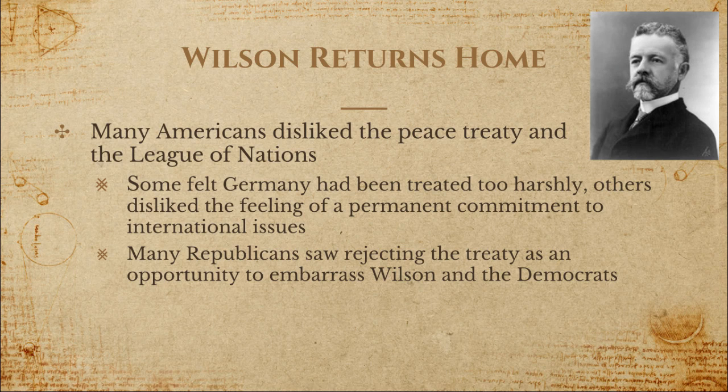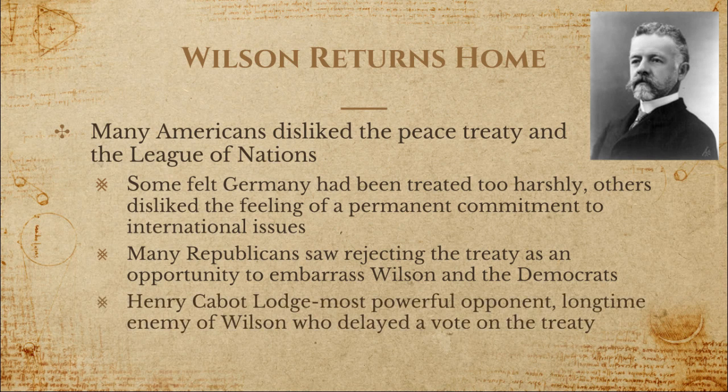Now, there were also political motivations to this distrust as well, because many Republicans saw rejecting the Treaty of Versailles as an opportunity to embarrass President Wilson and the Democrats. This is, unfortunately, what we still see in our country today, where political parties play a major role in decision making and the viewpoints that are taken on issues.